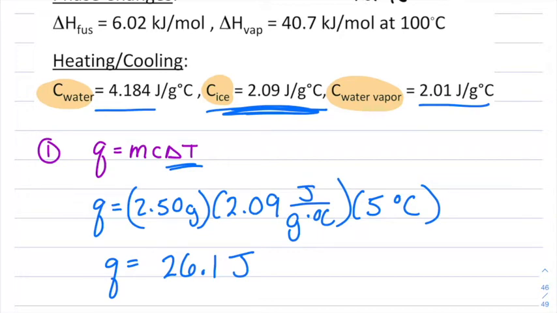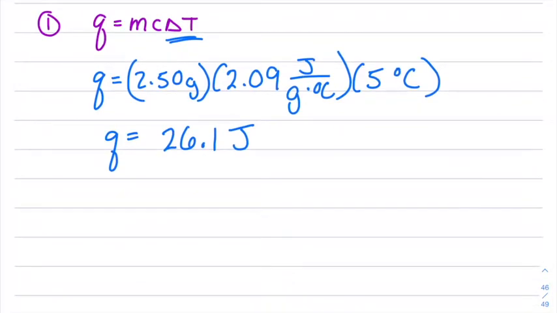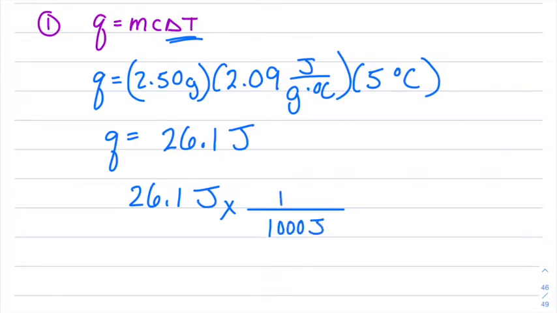Before we go on, I want to convert this into kilojoules, because we're going to need it later. If I wanted to convert 26.1 joules into kilojoules, I'm just going to do that through dimensional analysis. Those of you who are thinking you can do it in your head, you're more than welcome to. But I'm going to say for every 1,000 joules, there is 1 kilojoule.